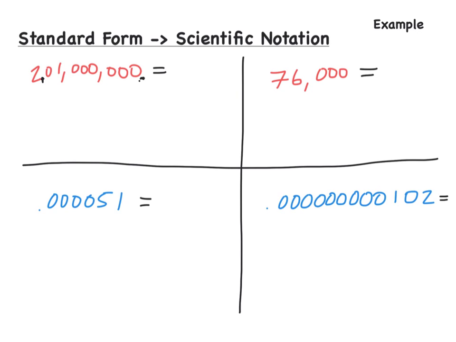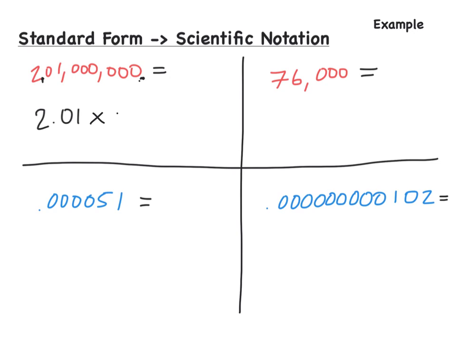So what I'm going to do now is write down every number in here that does not include all of these zeros. So I'm going to write down 2.01, because I have the 2, that's a non-zero number, here's a 0, but right after that is a 1, so I have to include this 1.